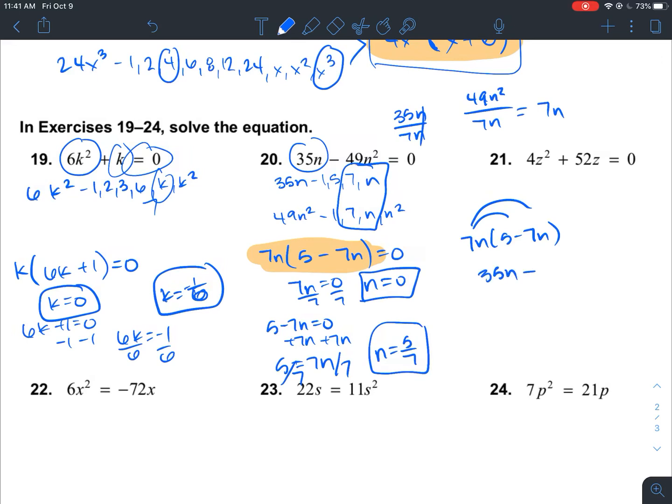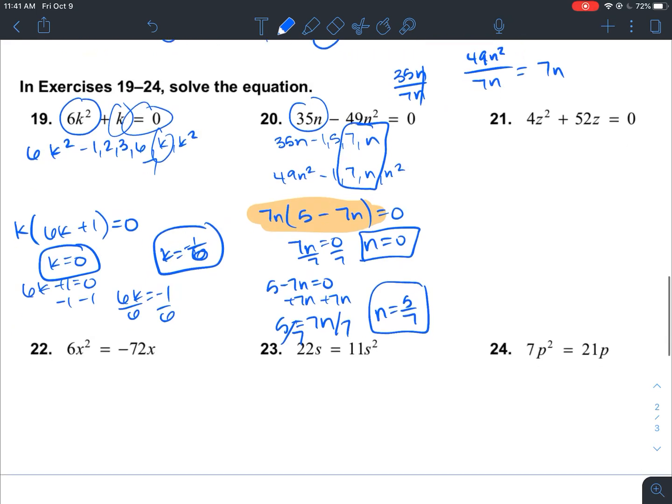Minus 7 times 7 is 49. N times n is n squared. So you see here how we have the same thing as we had before. That's because factoring undoes multiplication of polynomials.